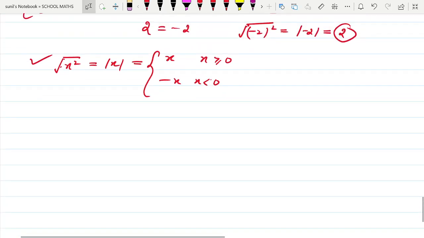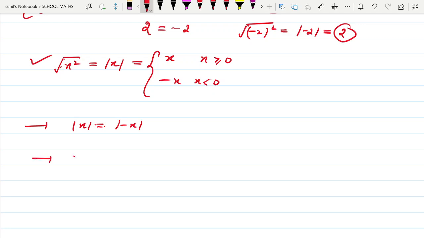Now can we say that mod of x is always equal to mod of minus x? Yes, of course. Certainly we can say that. Also we can say that x square is the same as mod x square and the same as mod of x square. It is true for all x belonging to the real numbers. You can verify it. Because see, x square is always positive.